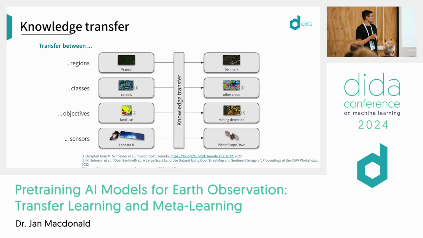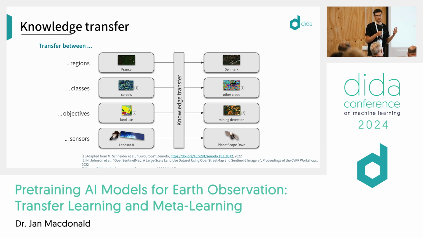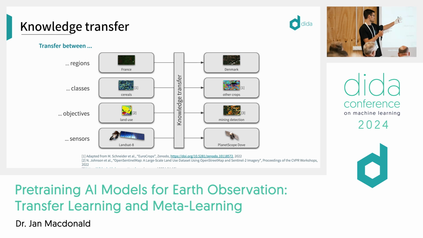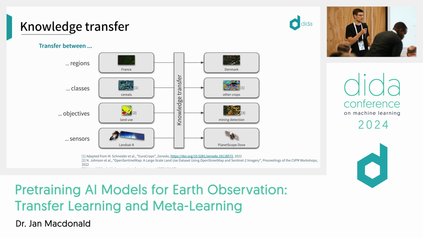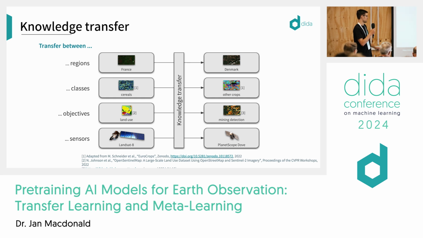In general, there might be other types of knowledge transfer that you could be interested in, besides just transferring between regions from one country to another. There might also be cases where you want to transfer knowledge between different classes, like you have trained a model that can classify different types of cereals. And then later you might decide, oh, now I want to also classify fruits and vegetables, and then you can transfer the knowledge that's already in the model and then improve on this later, the classifier.